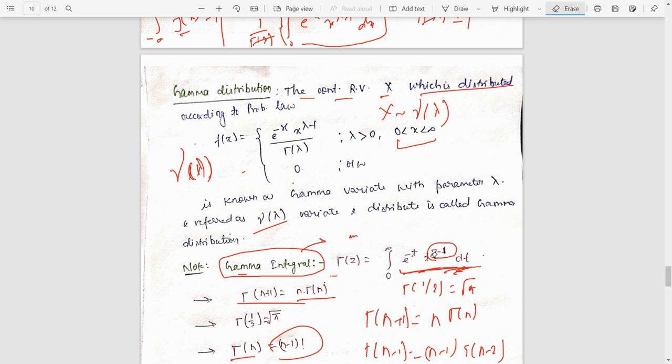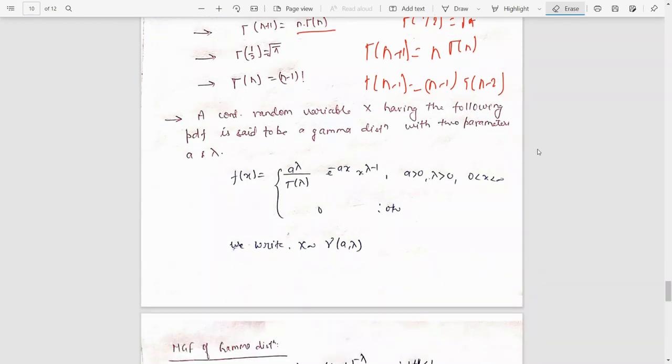Now we will see some properties of the gamma distribution. A continuous random variable x having the following PDF is said to have a gamma distribution with two parameters. Sometimes the gamma distribution is defined in terms of two parameters.